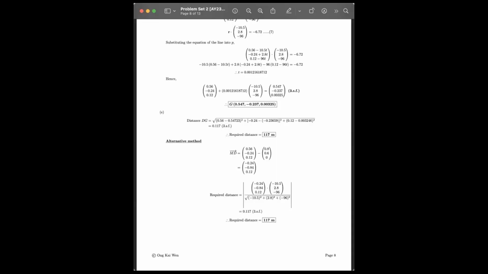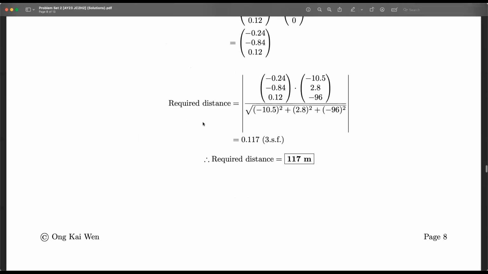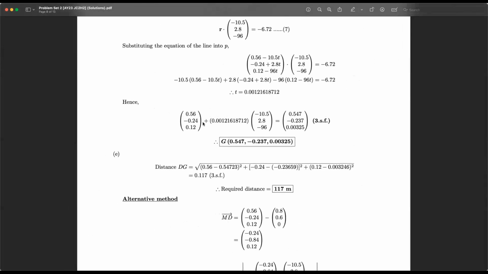Where is my Zoom? Oh yeah, my Zoom is there. Okay, can you see my screen? Right. Okay, I believe you should be able to see my screen.